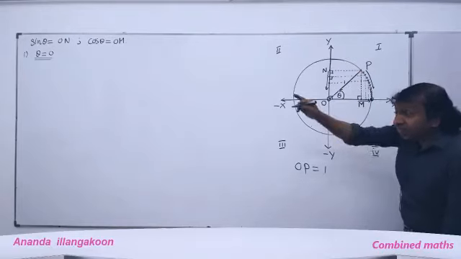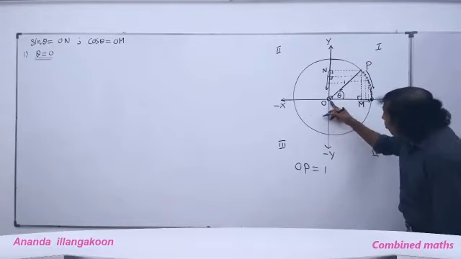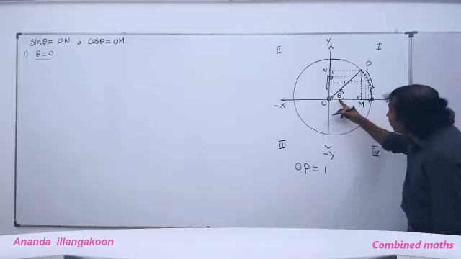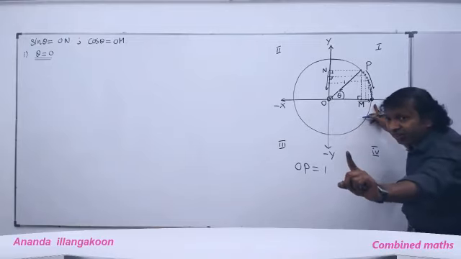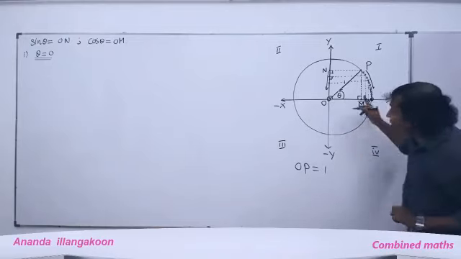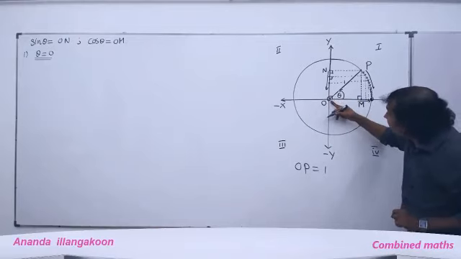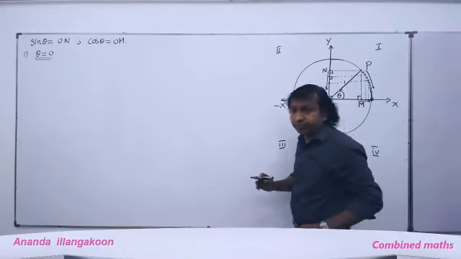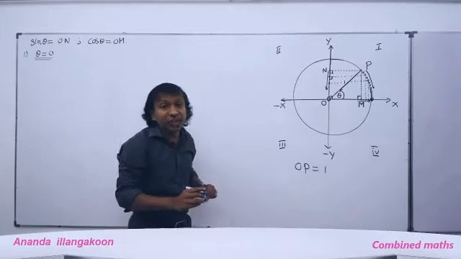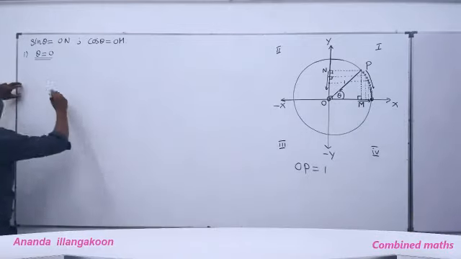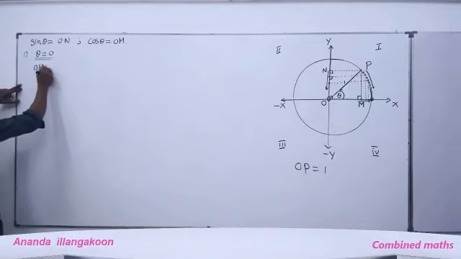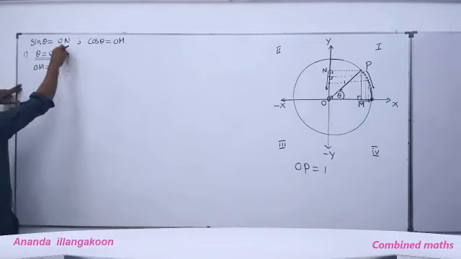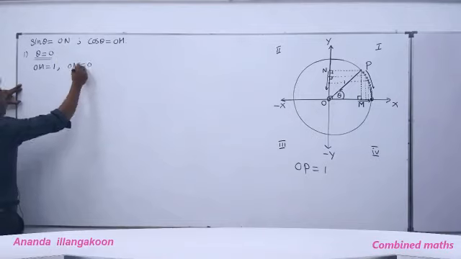On that occasion, theta is 0. Then what happened to this OM? OM is equal to the radius of the circle. What is the radius of the circle? 1. What happens to ON? N is here. O and N overlap now. ON is 0. Then you can see when theta is 0, OM equals 1, ON equals 0.